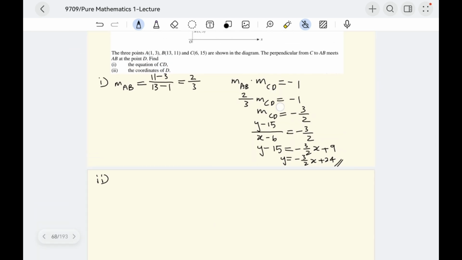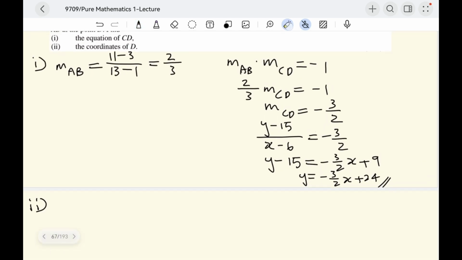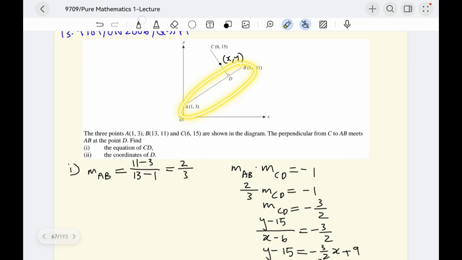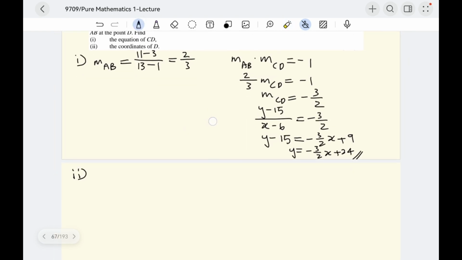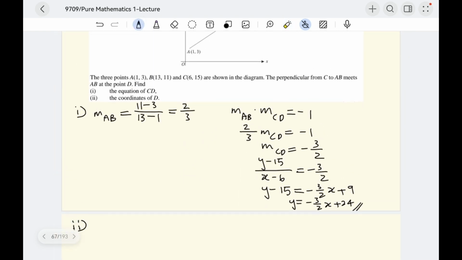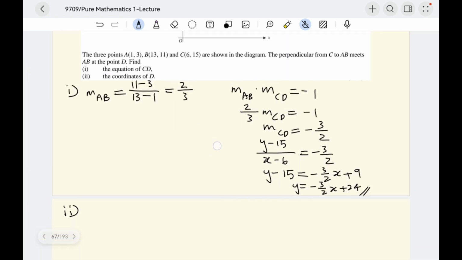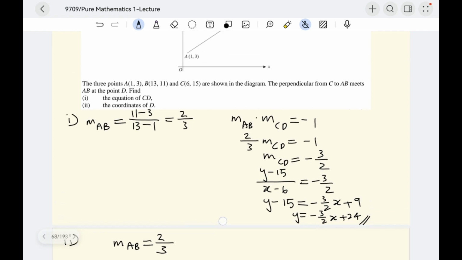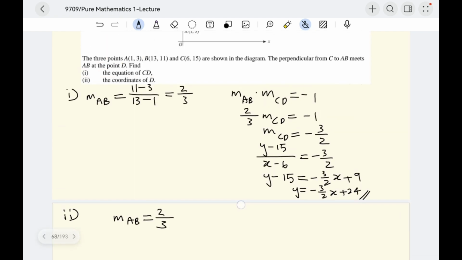Okay, first thing first, you have this equation resulting from the first part. So now you have to find the equation of AB. By right, the equation of AB is easily found, given that the gradient of AB is 2 over 3, which you have evaluated from part 1.